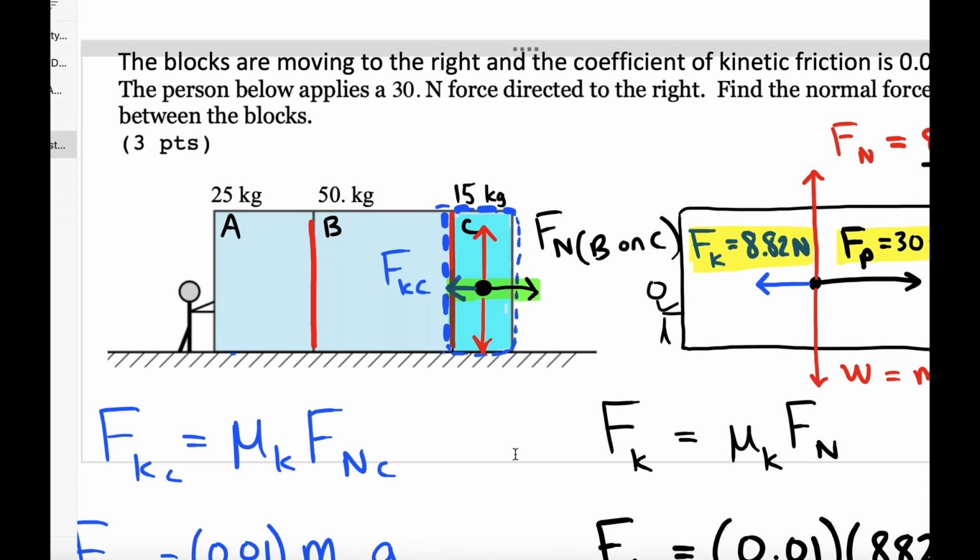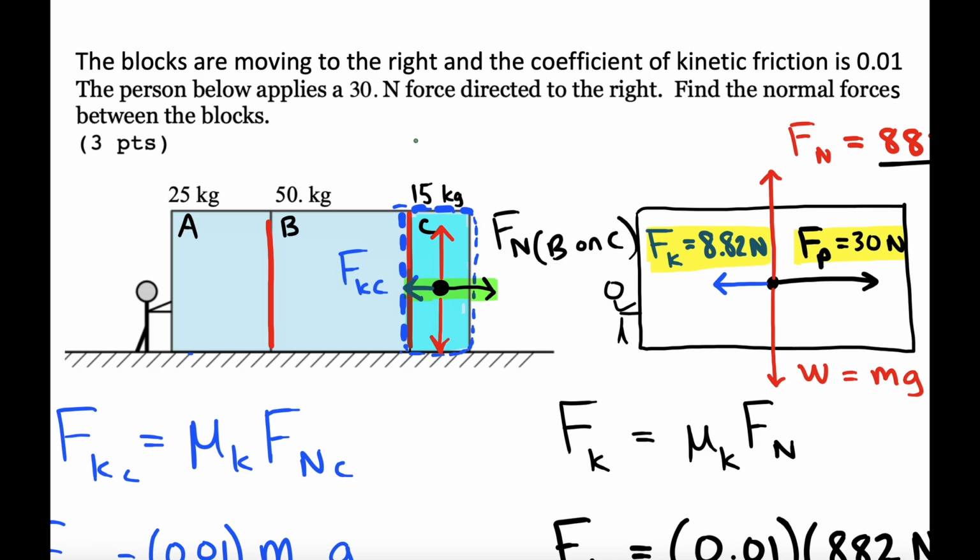So what we've found is that we have 5 newtons of force between these surfaces, and we have 21.6 newtons between those surfaces. The force between the hands and the block is, of course, 30 newtons, the original push.